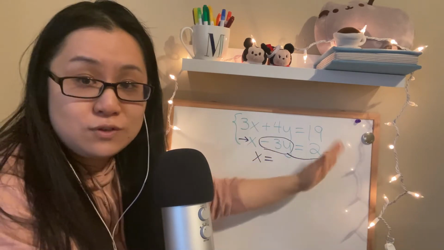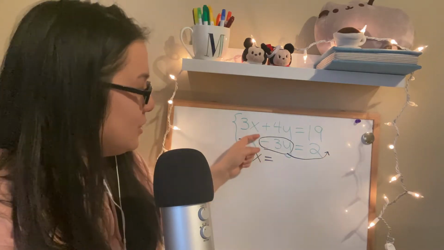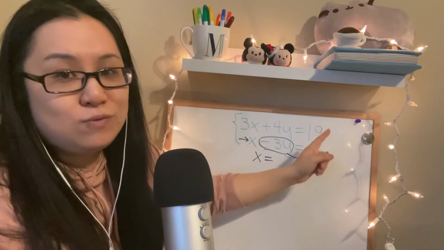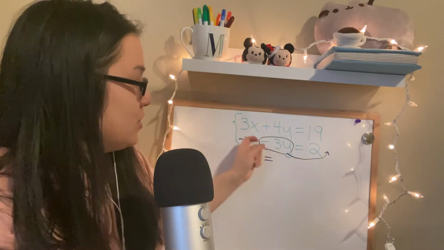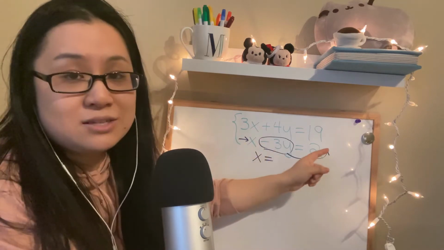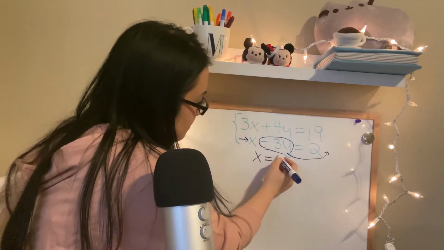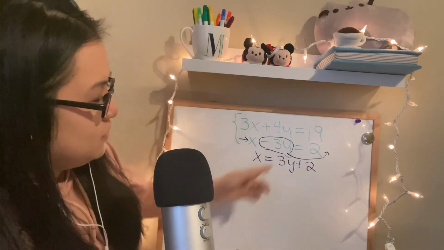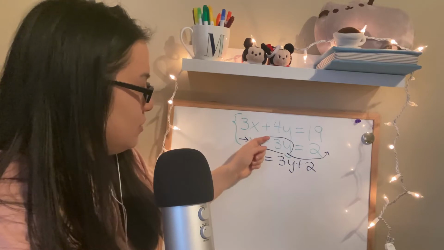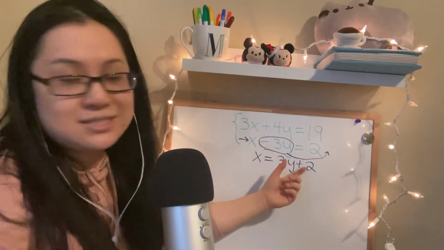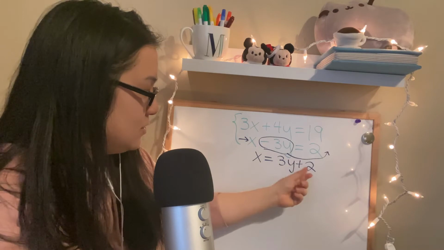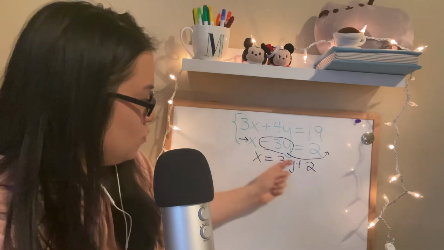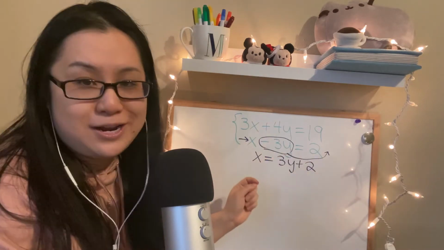When I move to the other side of the equal sign, I change the minus to a plus. And if it's a plus, when I move it, it's a minus, right? So when I move it, I get a plus 3y. My 2 is positive, so plus 2. You could do 2 plus 3y. It's the same thing, right? Because order for addition does not matter, right? So when I move it, it becomes a plus 3y.